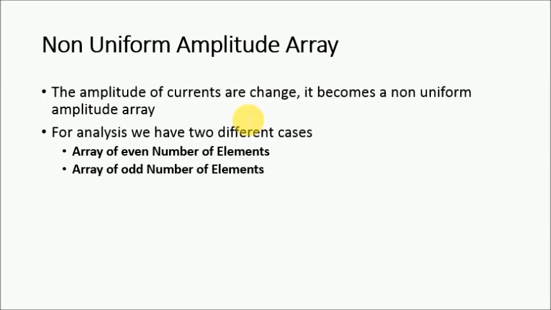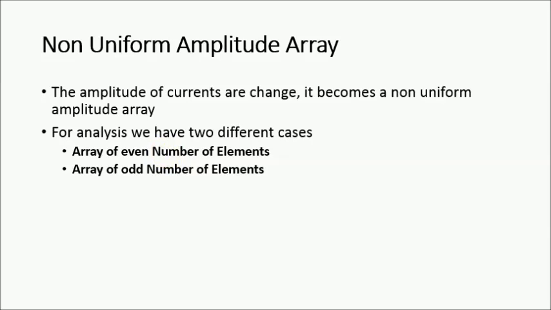Now we are going to consider that the amplitudes of currents change and it becomes a non-uniform amplitude array. And this analysis depends on whether the number of elements is even or odd. Depending on that, we will analyze the non-uniform amplitude pattern.